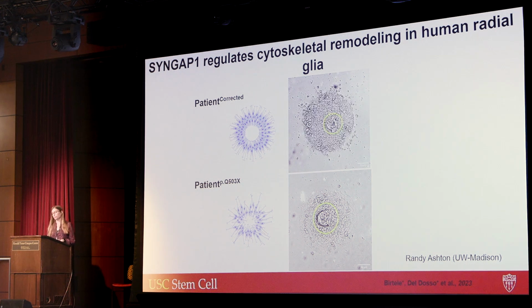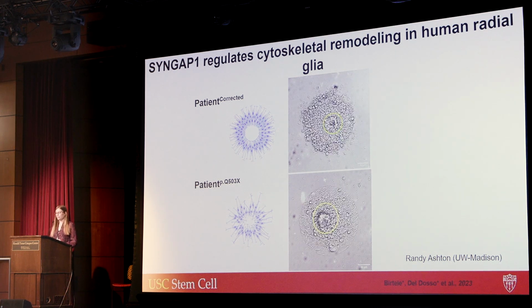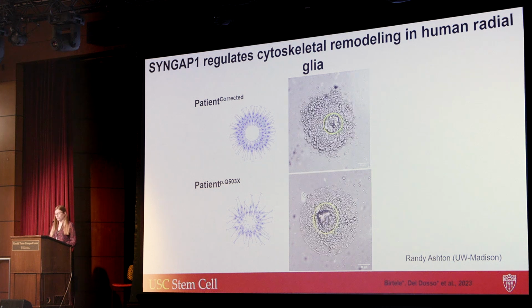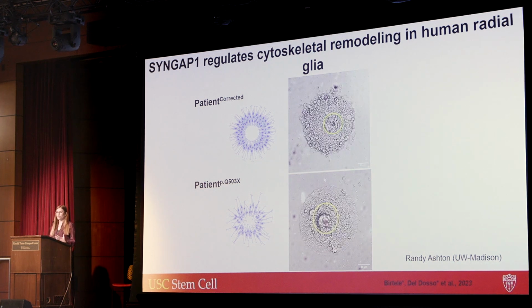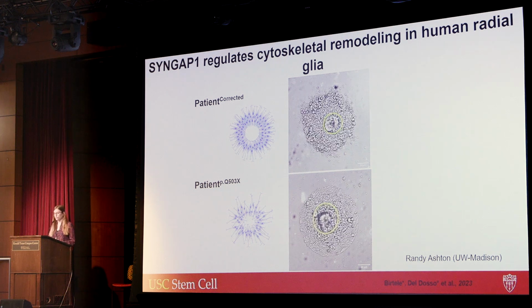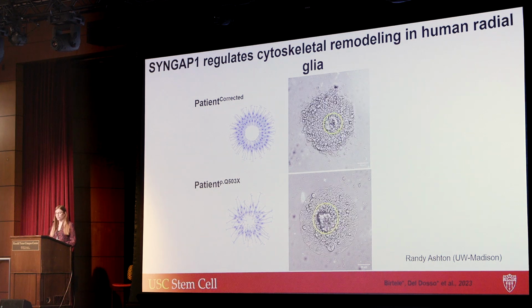So we started to look at early stages of radial glia cells organization and development using a 2.5D assay in collaboration with Randy Ashton. And here you see the formation of single ventricle, also called single rosettes. And we compared the patient with the corrected progenitors.